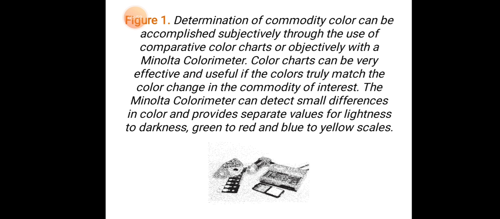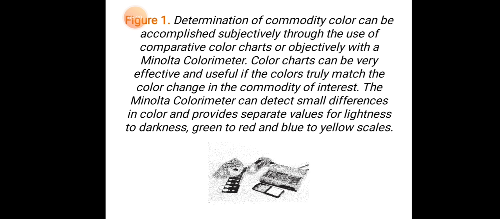This figure 1 is meant for determination of commodity color, which can be accomplished subjectively through the use of comparative color charts or objectively with a Minolta colorimeter. Color charts can be very effective and useful if the colors truly match the color change in the commodity of interest.